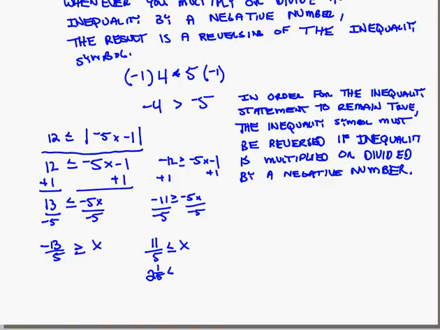Here I have negative 2 3/5 greater than or equal to x, and I could write this as x is less than or equal to negative 2 3/5. So there are your statements.